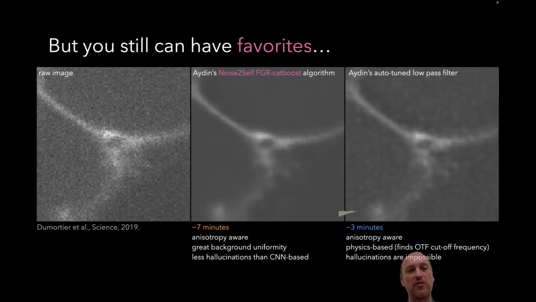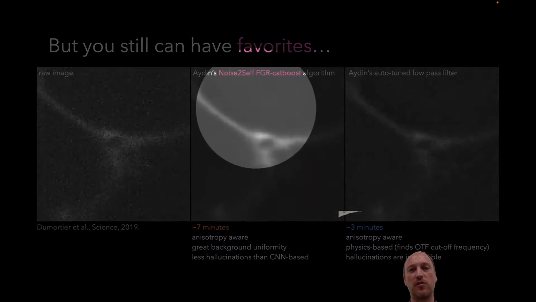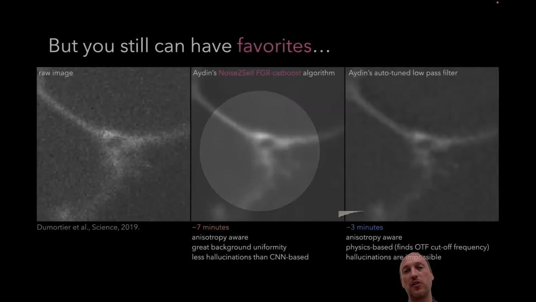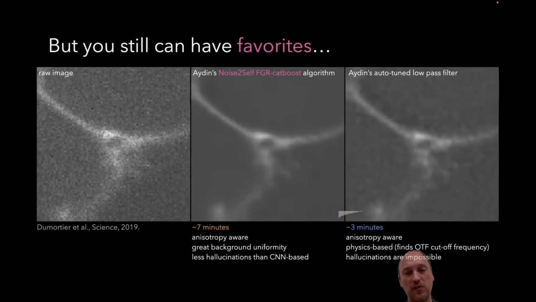And another big advantage of this method, the reason why I always go back to it when I need to denoise images for my own purposes, is that there's very little stochasticity in the training, and so we always get almost the same result. Which is not the case with CNNs. With CNNs, you have stochastic training.